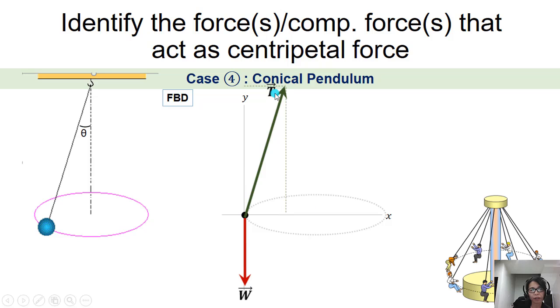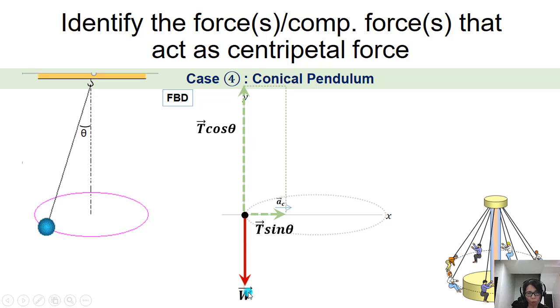So I might resolve the tension into component x and component y. You can find that the component of force that points towards the center of the circle is T sine theta, whereas along the y-axis, T cos theta will be balanced with the weight because we do not have any motion along the y-axis. The object only performs circular motion along the x-axis.